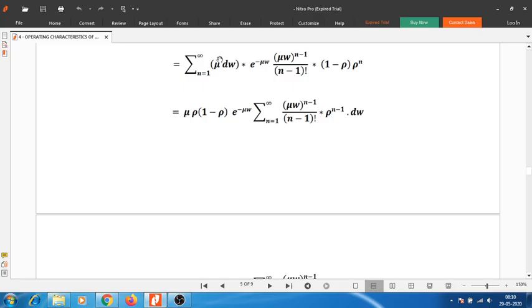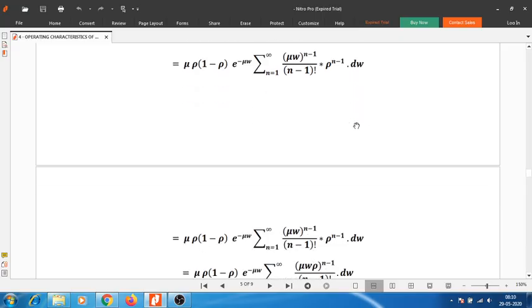So mu is taken outside, e power minus mu w is taken outside, 1 minus rho and rho are taken outside. So what is the remaining term? Summation n is equal to 1 to infinity, mu w whole power n minus 1 by n minus 1 factorial into rho power n minus 1 into dw.